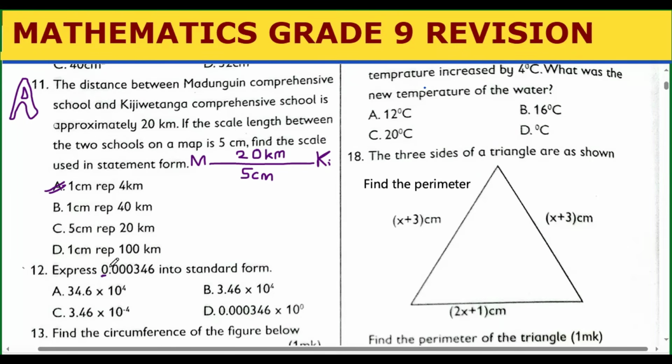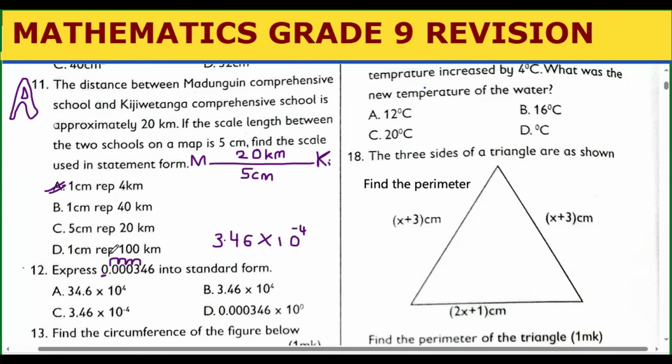Now let's count together from here. 1, 2, 3, 4. So the number now is 3.46. Then we multiply by 10 power. We have counted how many steps? Let's count again. 1, 2, 3, 4. So power 4, but it is negative because the number was less than 1.